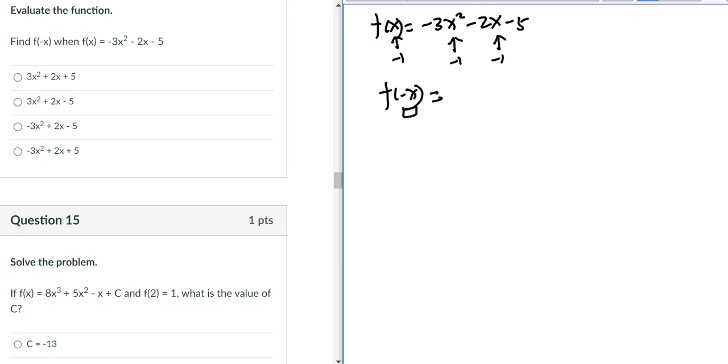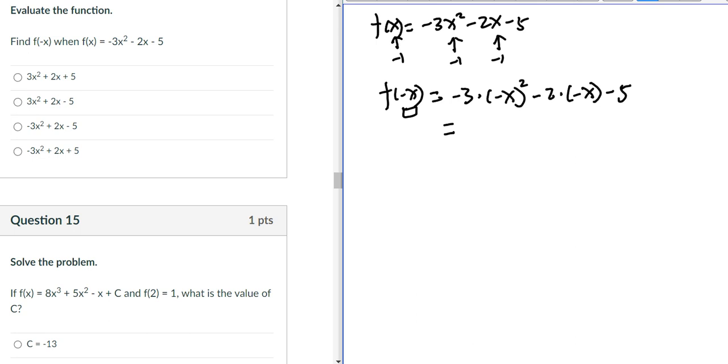So originally, where was x? Now it should be negative x. You keep negative 3 here, and x is replaced with negative x. Keep negative 2, put negative x here, minus 5. You have a minus 5 here.